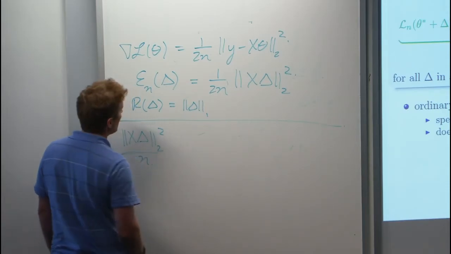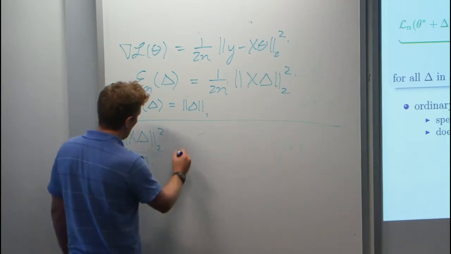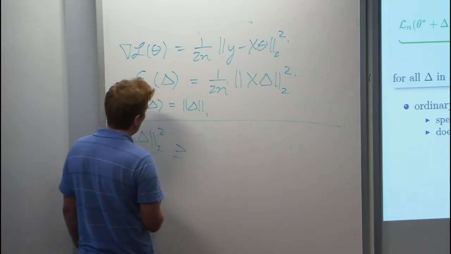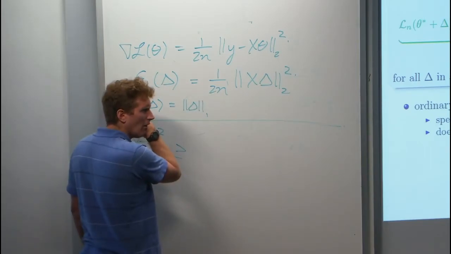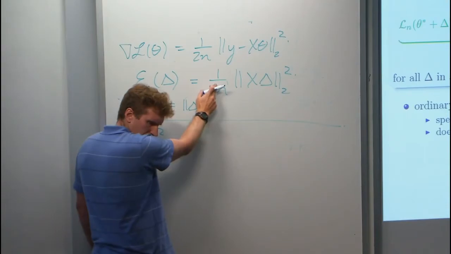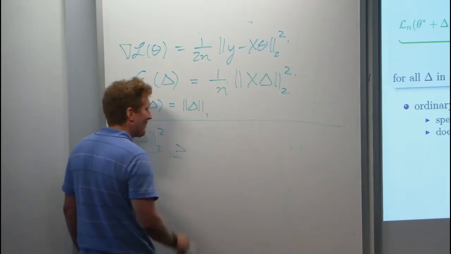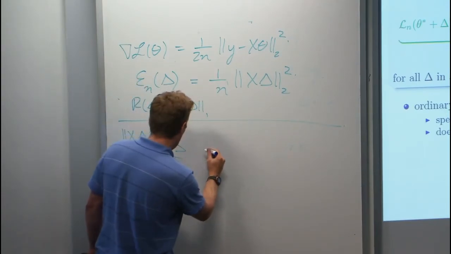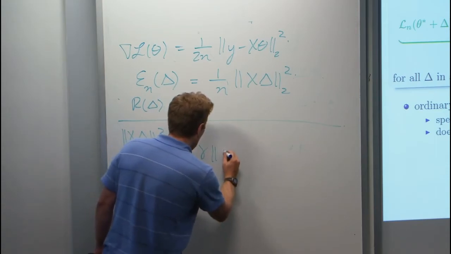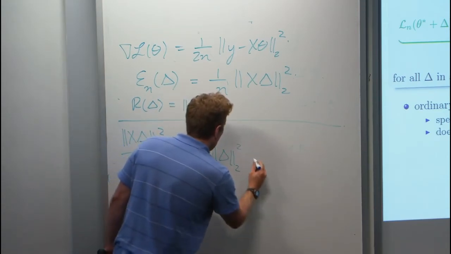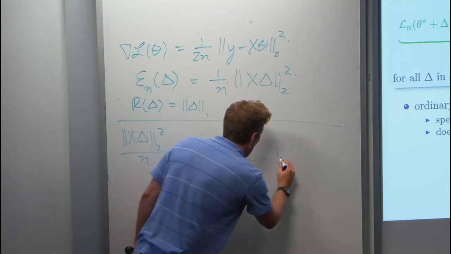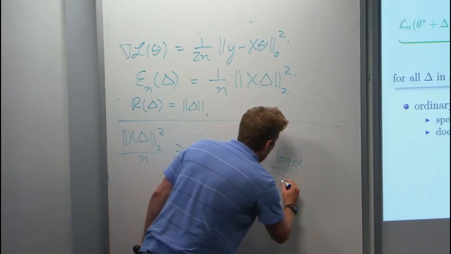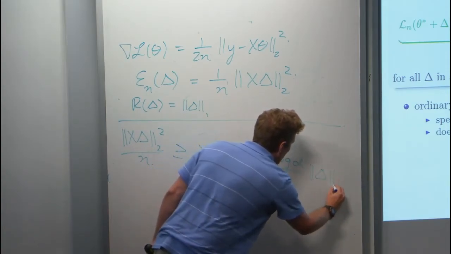We bounded exactly this quantity. Is there a 2 or not there? I think there's not. Anyway, I'm very bad with constants. Right, so this is what we proved this morning, that there is a class of random matrices that satisfy this bound.